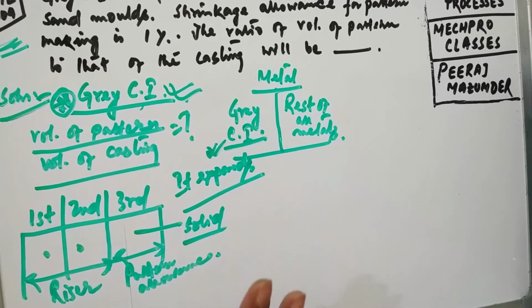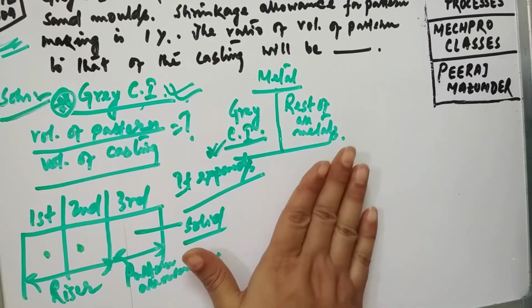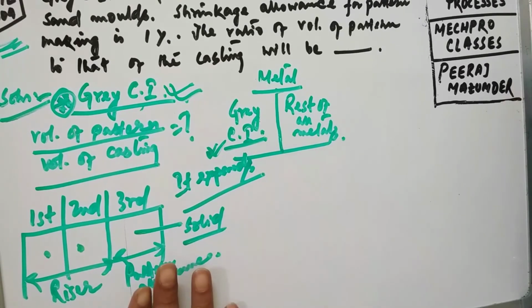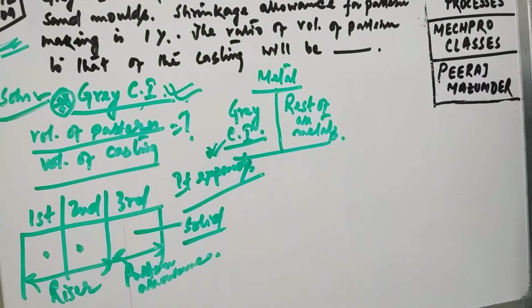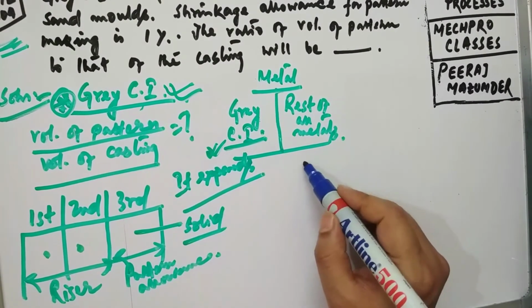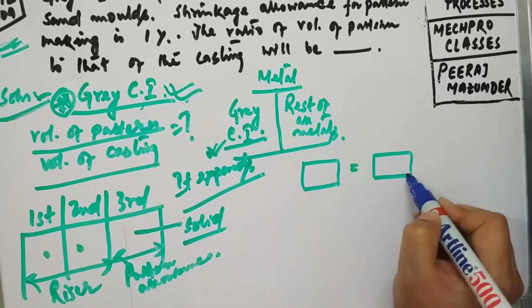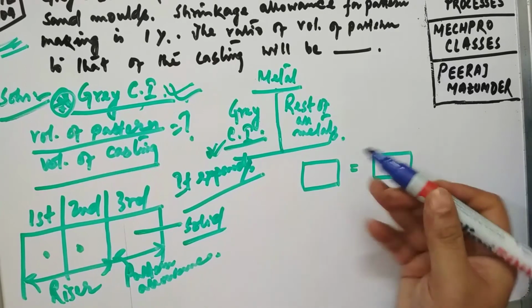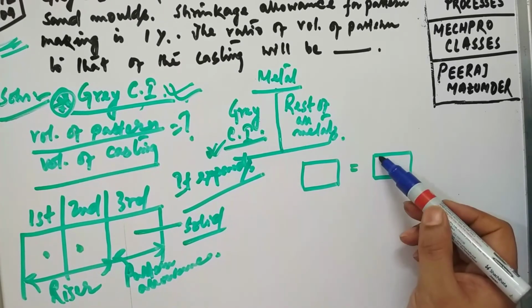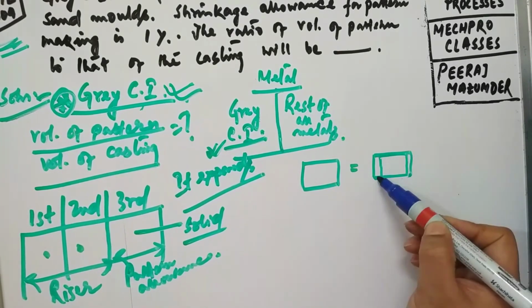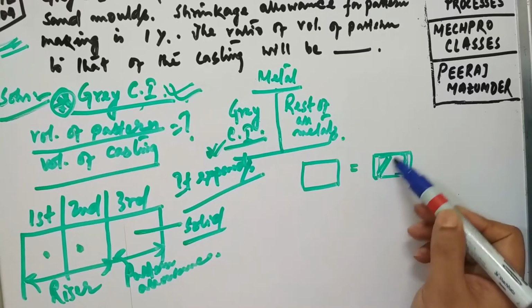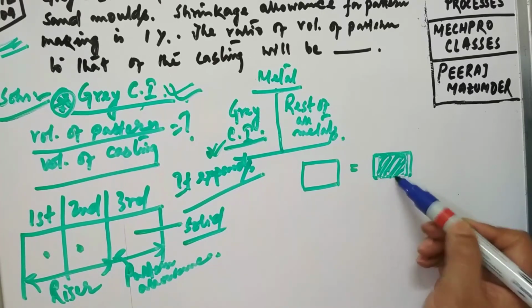Now say we have to find the volume of pattern by volume of casting. For normal materials, if we have a pattern similar to that of the casting required, then after the solidification it will shrink and you will obtain a lesser volume.